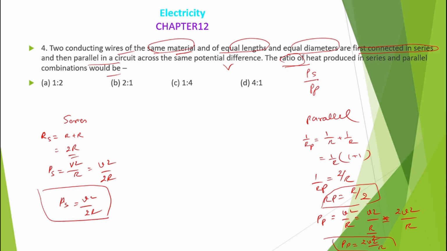Okay. What is he asking? Ratio of PS divided by PP.